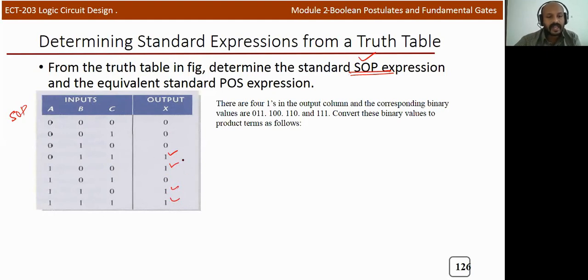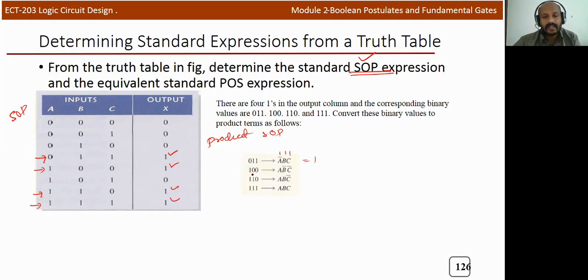For these particular cases, we need to write the product terms. In the case of SOP, there is a product term we need to write. This is one case: 0 1 1, another case is 1 0 0, 1 1 0, and 1 1 1. If you take the value 0 1 1, the equivalent product term, A bar is equal to 1, B is equal to 1, C is equal to 1, so the output will be 1.